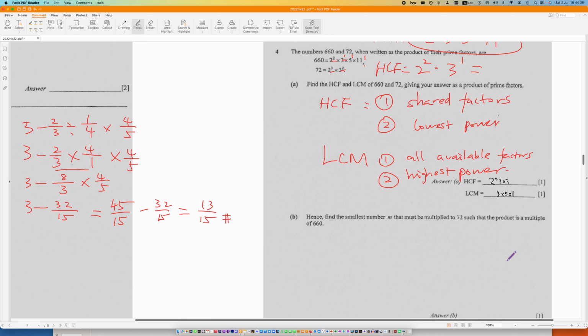Done? Okay, good. So below, it says 72 times m equals 660. This 660 already gives you 2 to the power of 2, 3, 5, and 11. And this 72 already gives you 2 to the power of 3 times 3 to the power of 2 times m.